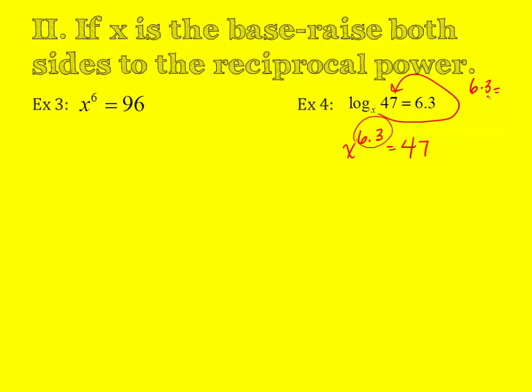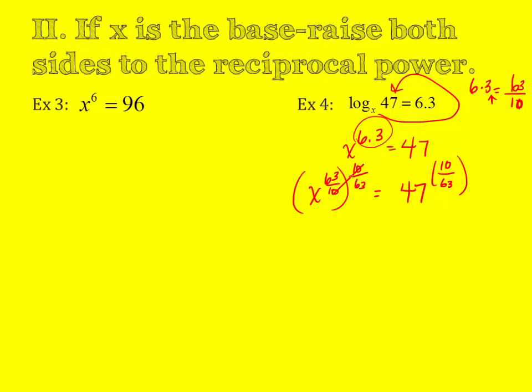So it would be 63/10. I'm just going to move it over. If you know this is 3/10, then that's your denominator, tenths. So 63/10 is your fraction. So x to the 63/10, I've got to multiply by its reciprocal, 10/63, equals 47 raised to the 10/63 power.